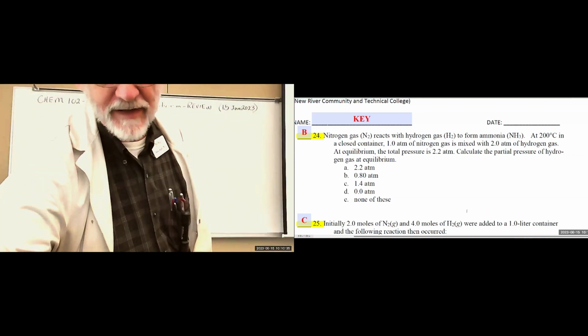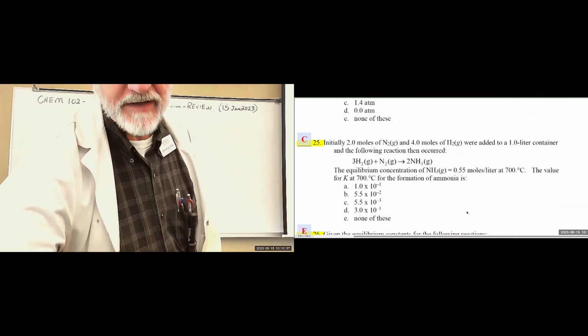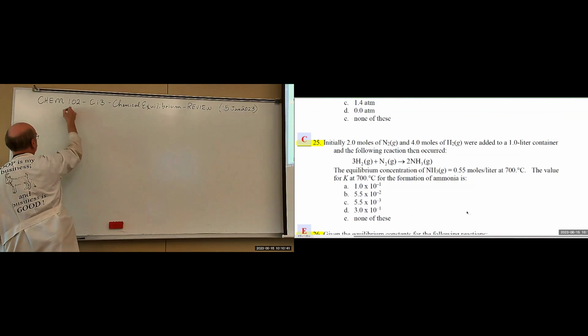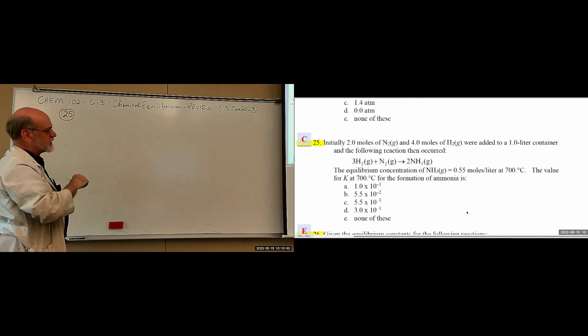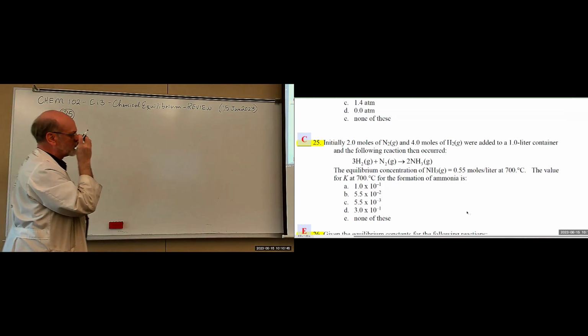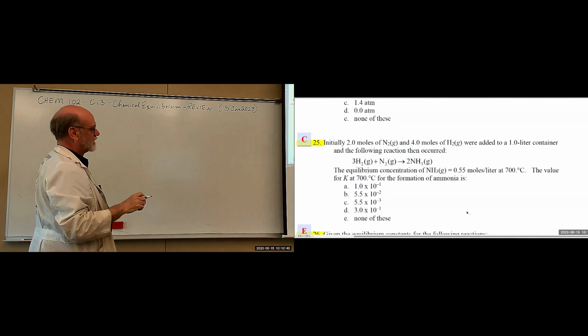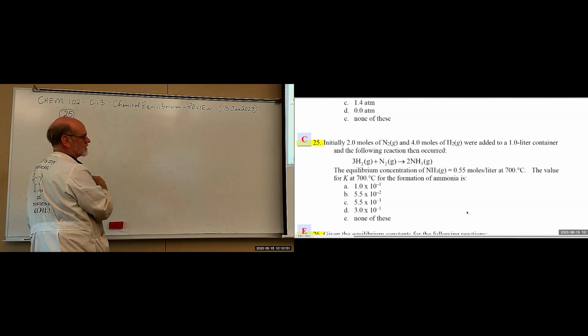Okay, 25. Let's see, here we go. Initially, 2 moles of nitrogen and 4 moles of H2 were added to a 1 liter container. Okay, so we're back to the same equation.